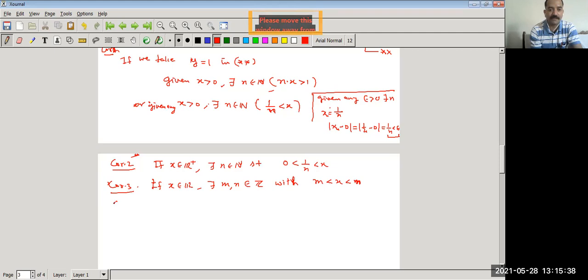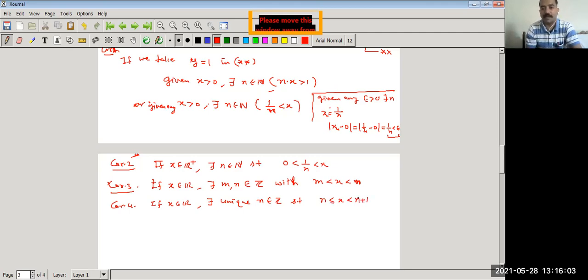Even more precisely, we can say if x belongs to R, there exists a unique n belongs to Z such that n is less than or equal to x is less than n plus 1.